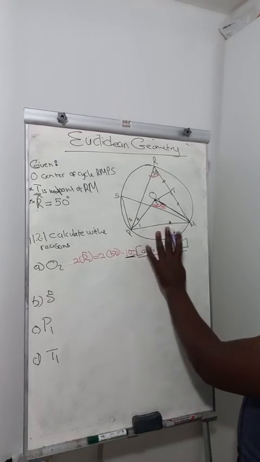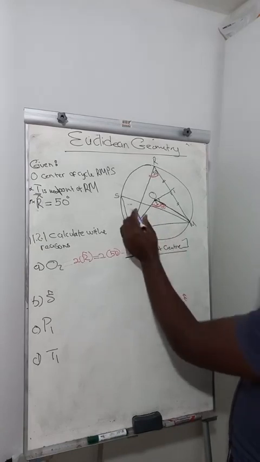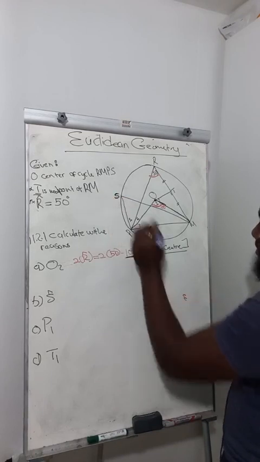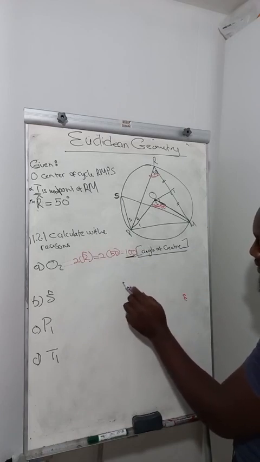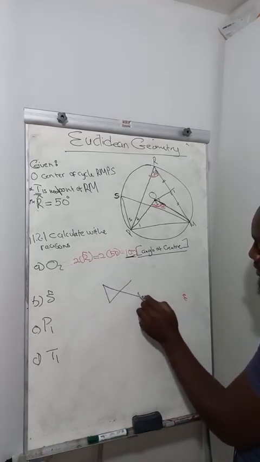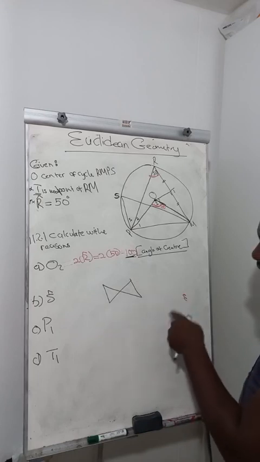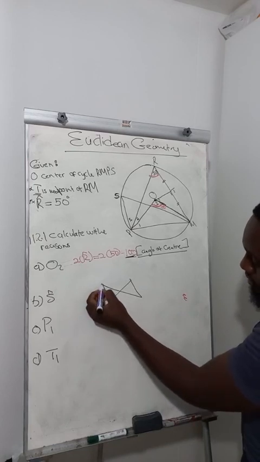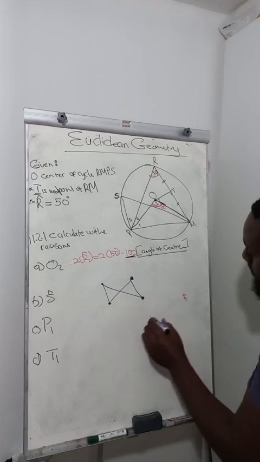It's not the reason for this angle here. I'm just talking about something else now. Angles in the same segment can be something like this, or something like this. Now, for us to be able to use the reason angles in the same segment, all these 4 points need to touch the circumference of the circle somewhere.